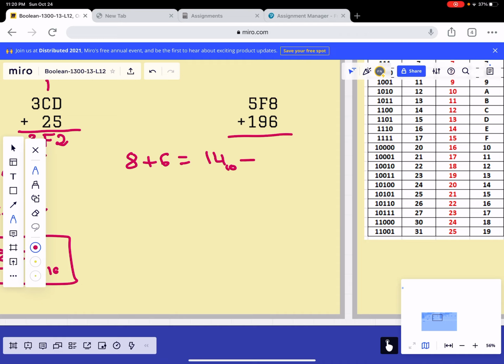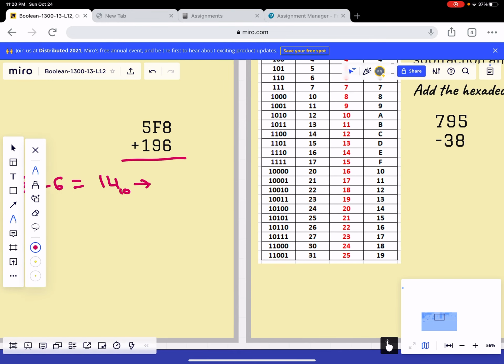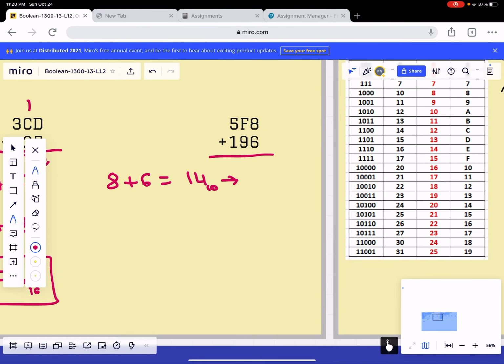14 decimal, and I convert back to the hexa. So 14 for hexa is letter E. So I put that letter E over here. Then F plus 9. F is 15, and plus 9 equal 24.